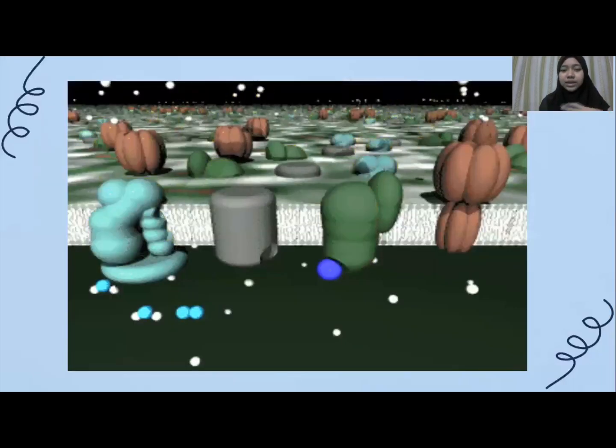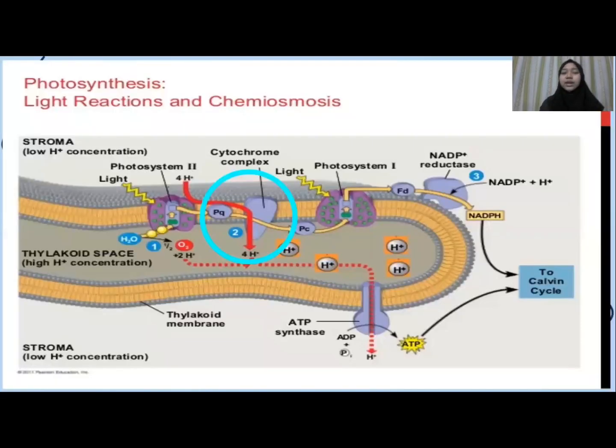Next, this is showing how the light energy is captured by photosystem II. Next, the electrons captured by the plastoquinone will be transferred into the cytochrome complex. This complex also carries the protons from the stroma space into the thylakoid space.